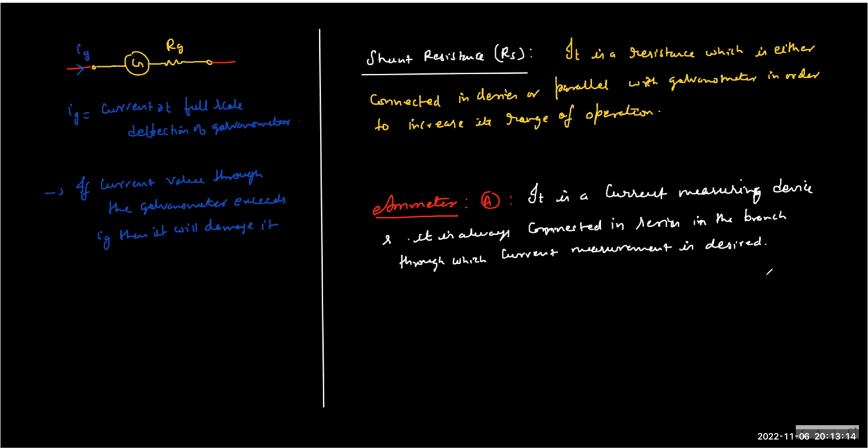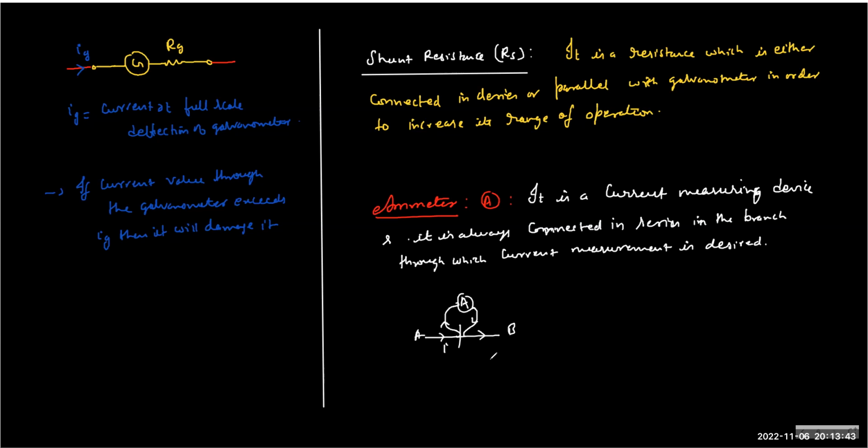So if you wish to measure the current in a circuit through a particular branch, let's say if you want to find the current through this branch, let's call it AB, and you have an ammeter as a device, what you do is you cut the branch, and then you take one terminal on this side and the other on this side, and now the same current which was going from A to B, will go from A to this device, then to B, right?